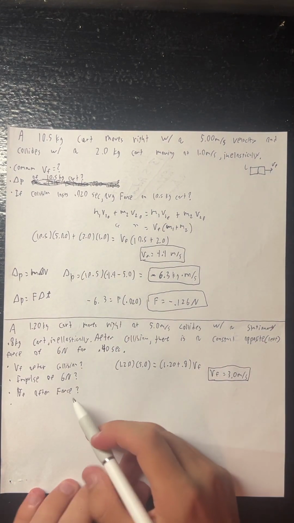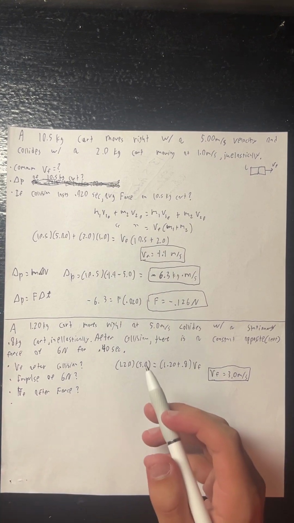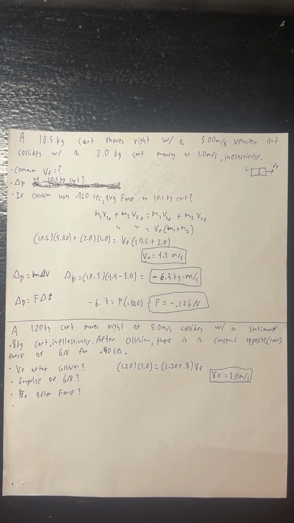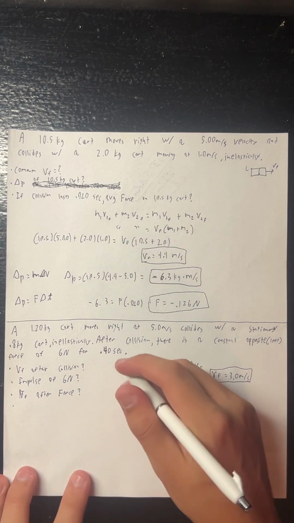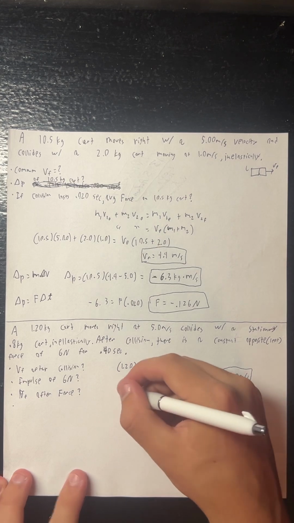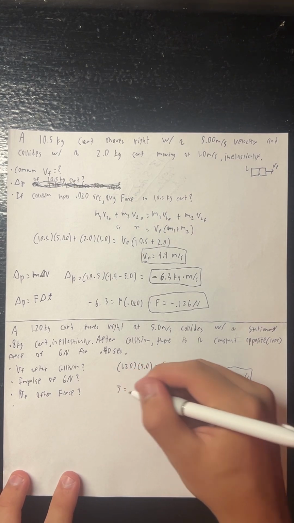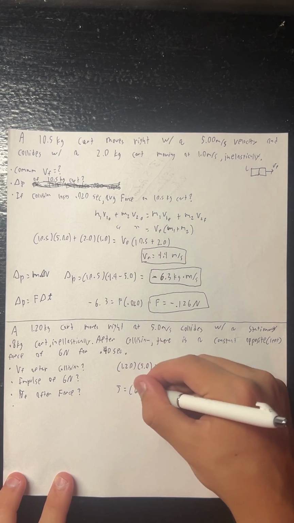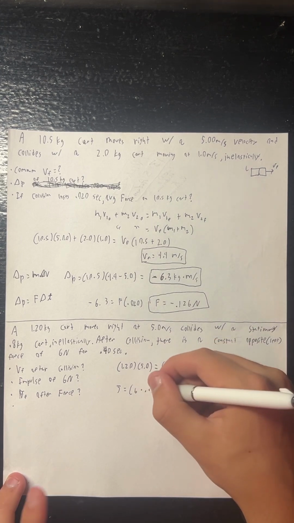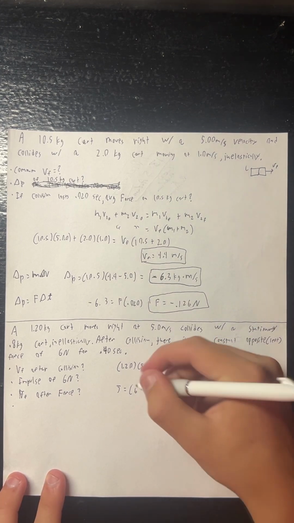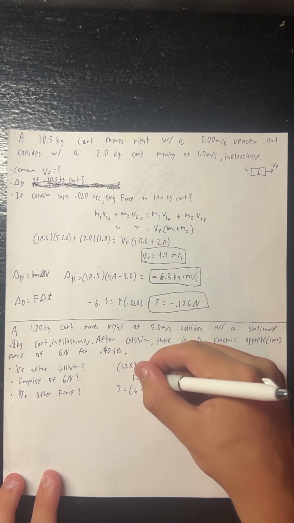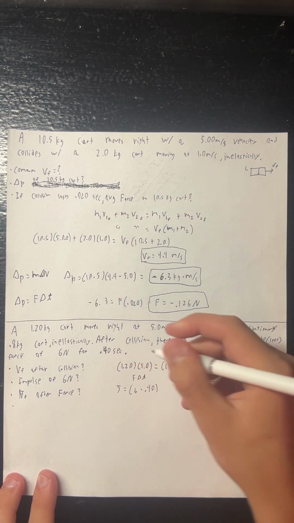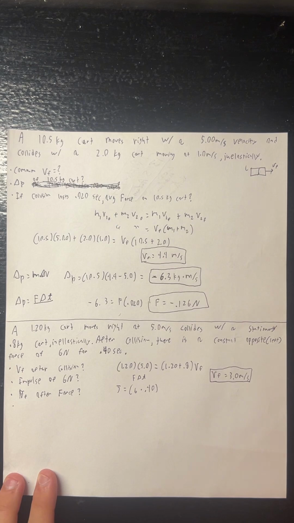The second one asks the impulse of the 6 newton force being applied. So what do we do here? Well, the impulse, you can use J as the symbol for impulse. So J equals 6 times 0.4, because it's force times change in time, the equation up here.